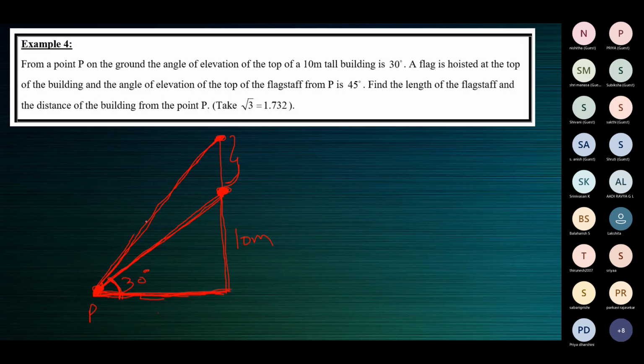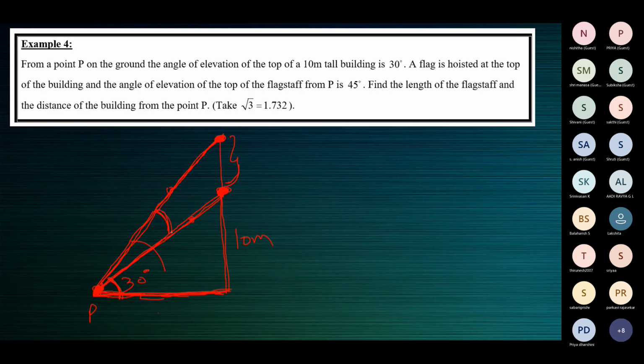You have a new line of sight now. From the eye of the observer to the top of the flagstaff, the elevation is 45 degrees, from the line of sight to the horizontal. You might think this is 45, but this is not 45, because this is a different line of sight.